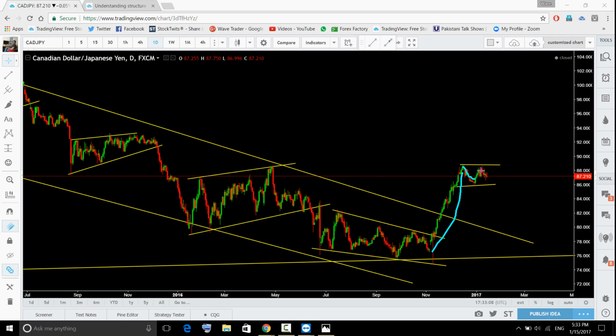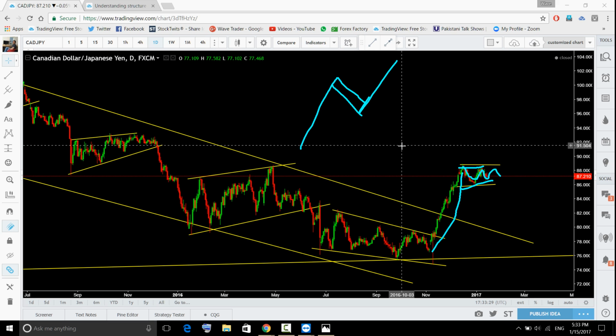On Euro Yen it is forming a flat channel, here it is forming something like a triangle, and on USD Yen it is forming a flag to the downside. So on all pairs it is forming a continuation pattern.